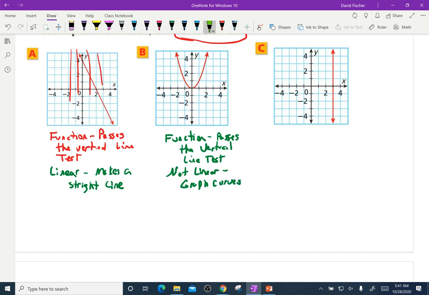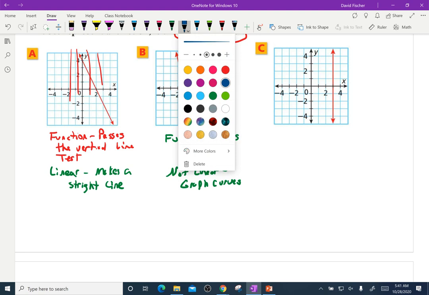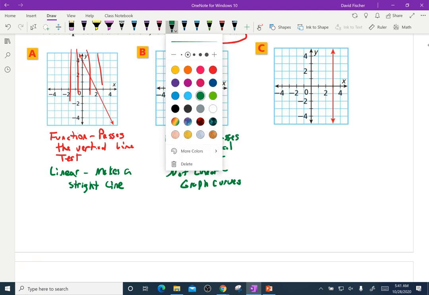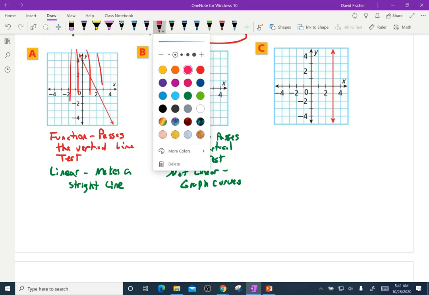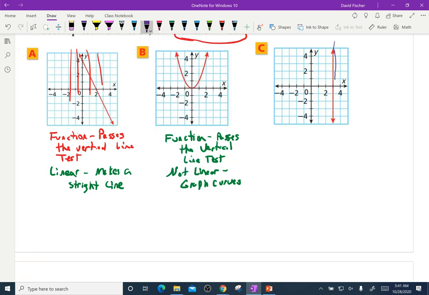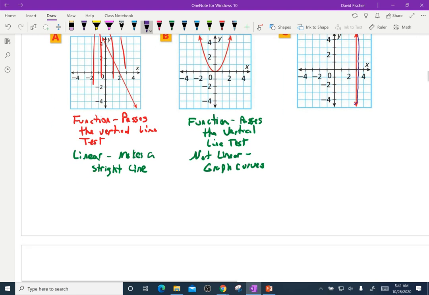I'll have to get my pen to be a little bit smaller writing here. Let me just do this real quick. One more color. All right. This one here, it is not a function because if I drew a line right there, it's going to hit right on all the points. So this one is not a function.